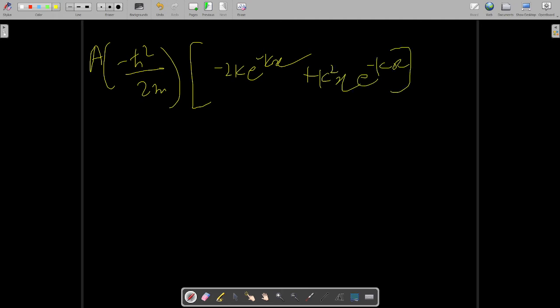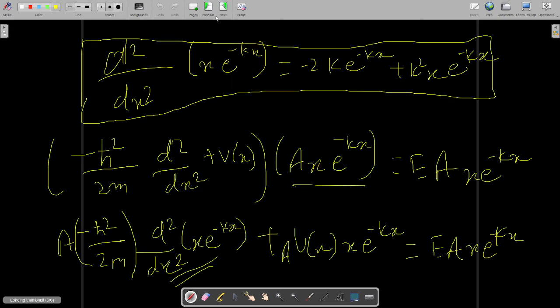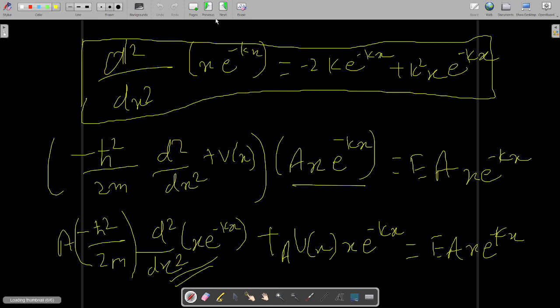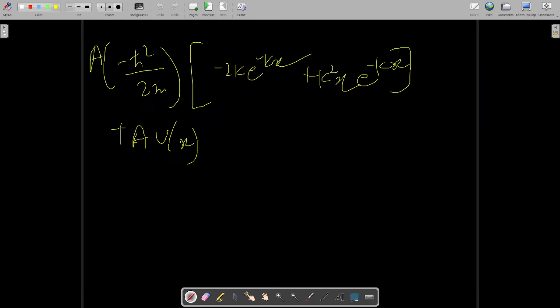This is the thing which you will get eventually. So plus a vx, then what will I get? A vx, x e to the power minus kx, right?